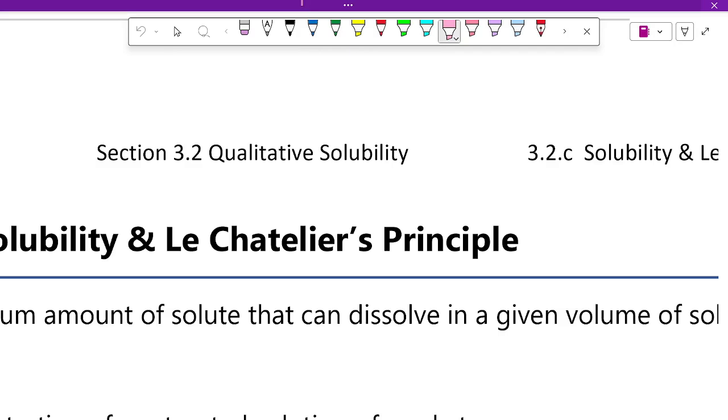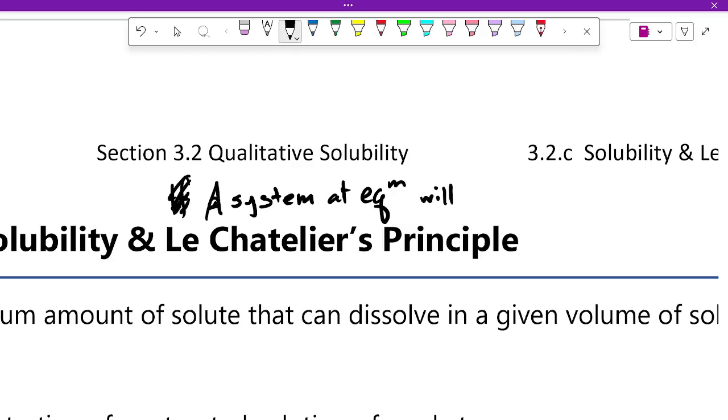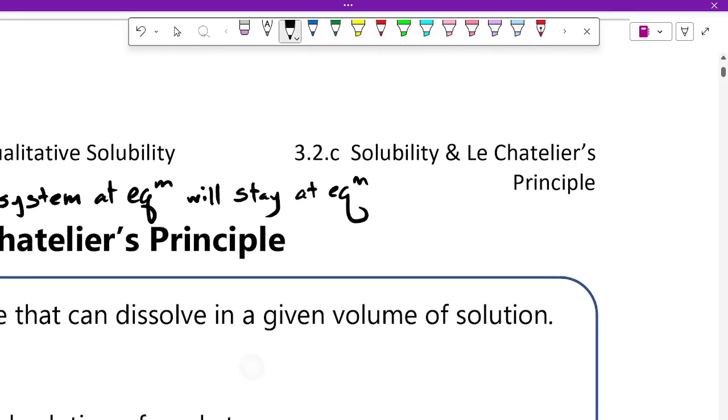A system at equilibrium will stay at equilibrium unless it is stressed.